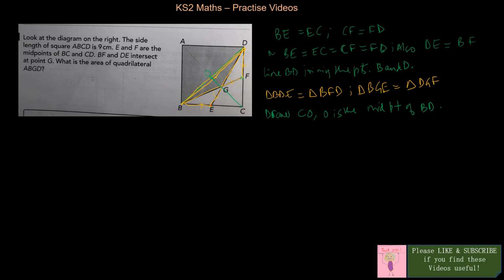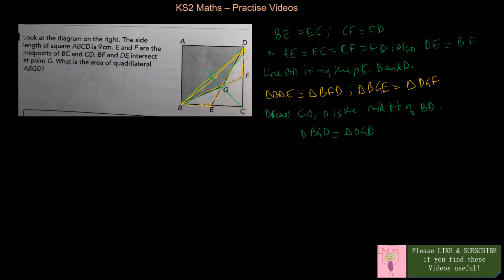Okay, then you will see that BGD is these three parts. Now triangle BGO equals triangle OGD.